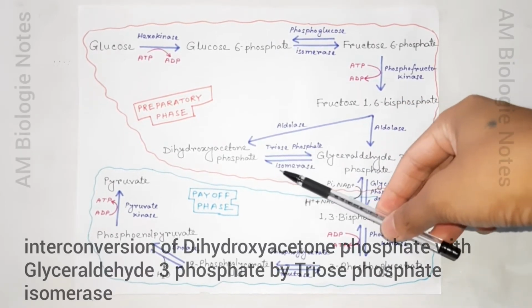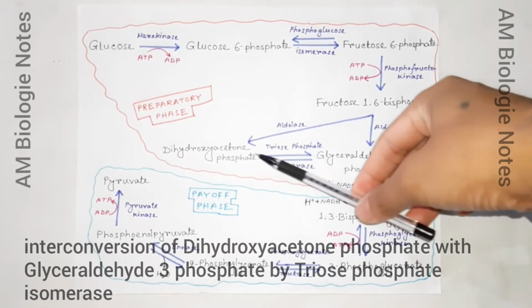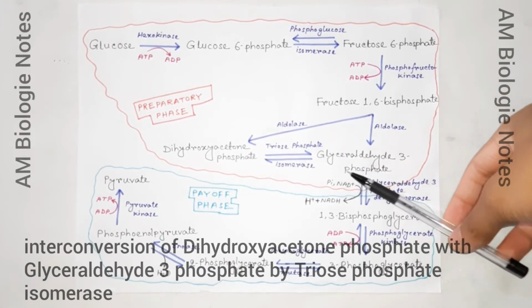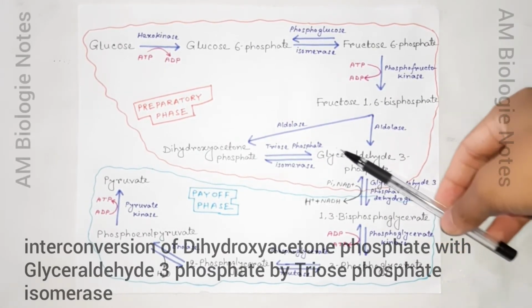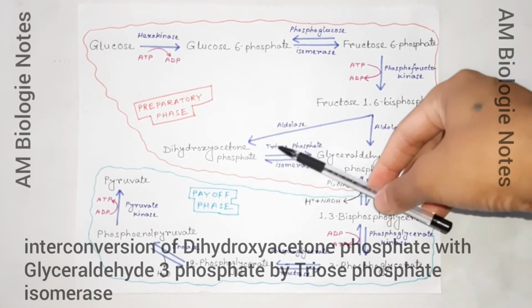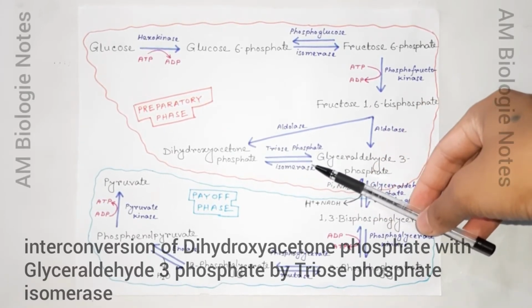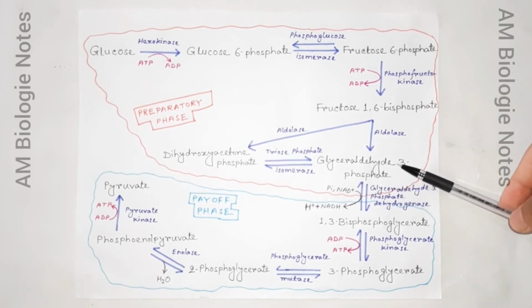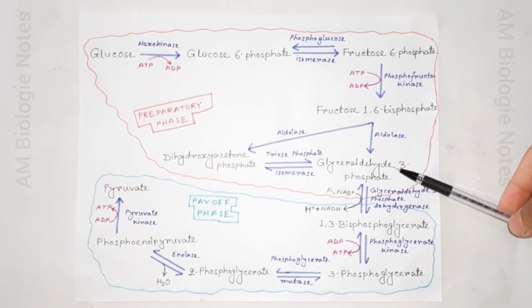In the fifth stage, interconversion of dihydroxyacetone phosphate with glyceraldehyde 3-phosphate is done by triose phosphate isomerase enzyme. After formation of glyceraldehyde 3-phosphate, the preparatory phase ends.